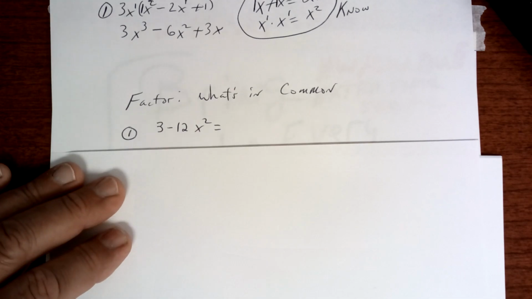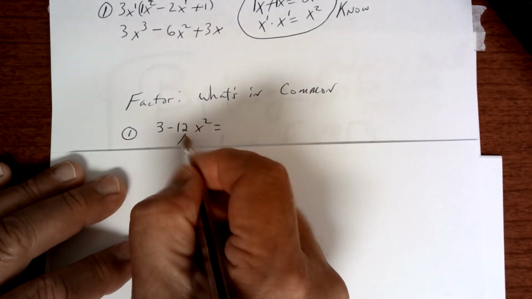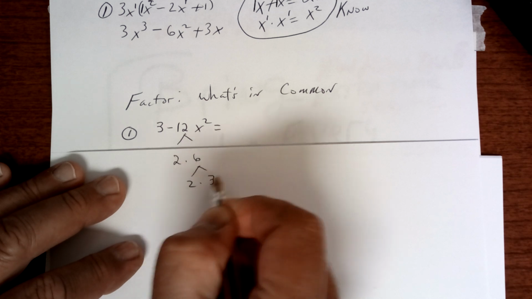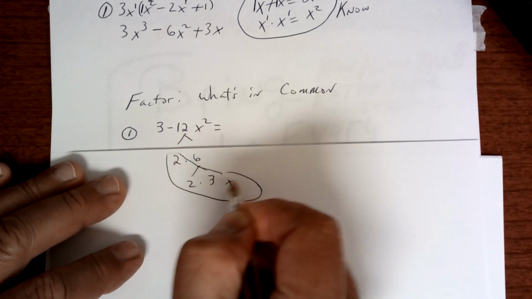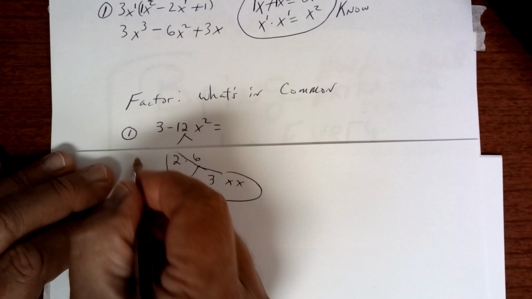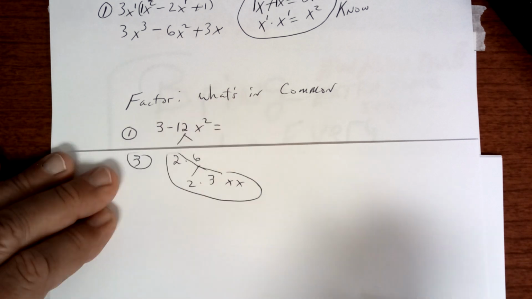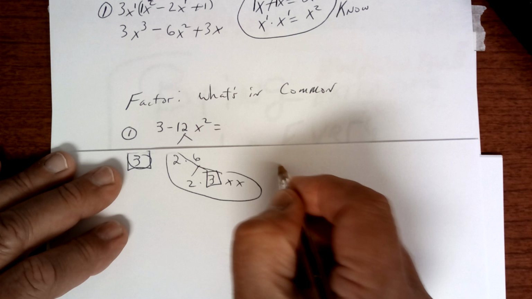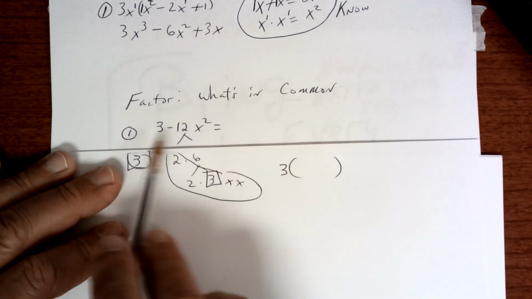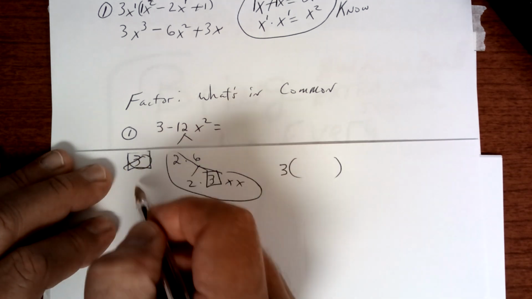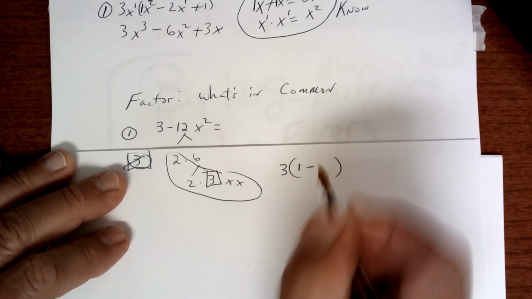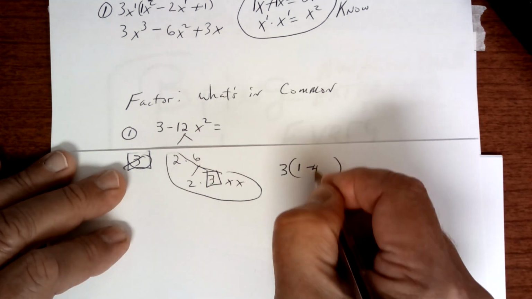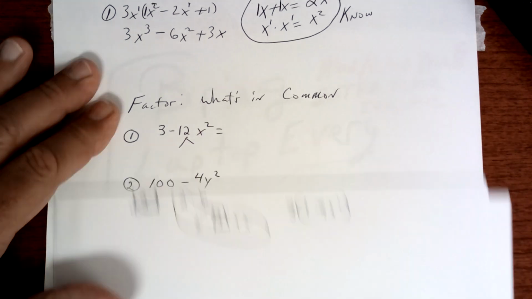To do that, you got to break this up. 2 times 6, 2 times 3, and then x. This one has a 3. So what's in common? They only have a 3 in common. So you're going to factor out a 3. When you take a 3 out of here, you're left with 1. When you take a 3 out of here, you're left with 2 times 2, which is 4x squared. And that's how you factor what's in common.